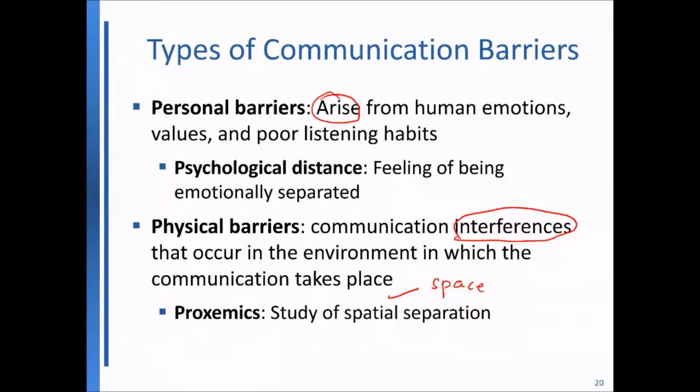Because you cannot hear, even though the distance is very near, because of the noise, maybe like in a factory with machines, something like that. You cannot listen, you cannot hear, you cannot understand what the other one is saying to you. Do you understand what I mean by physical barriers?